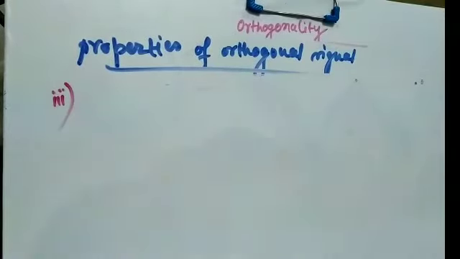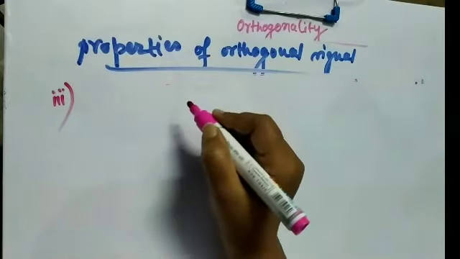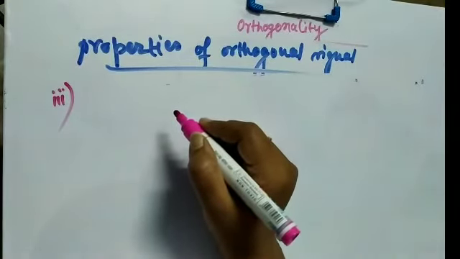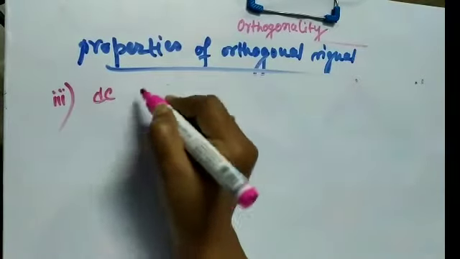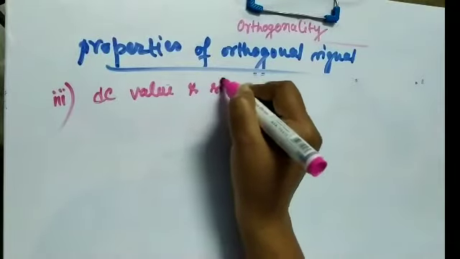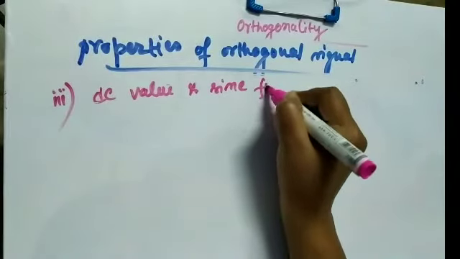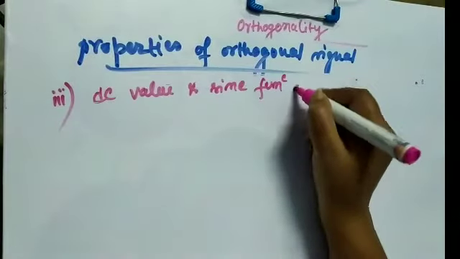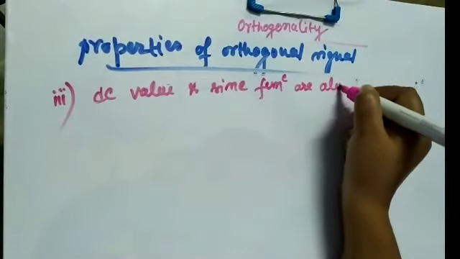Now we move to the third property. DC value and sine functions are always orthogonal.